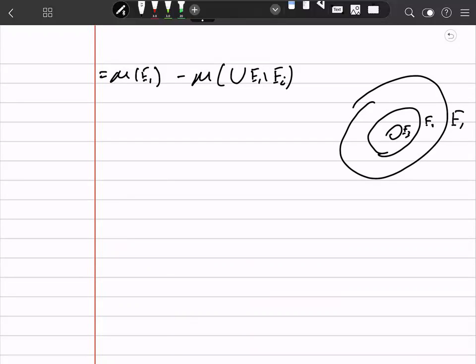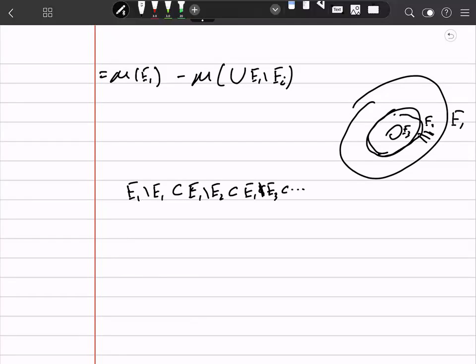E1 minus E2 is going to be this. E1 minus E3 is this. So this is actually not a disjoint sequence, it's an increasing sequence, right? E1 minus E1 is a subset of E1 minus E2, which is a subset of E1 minus E3.